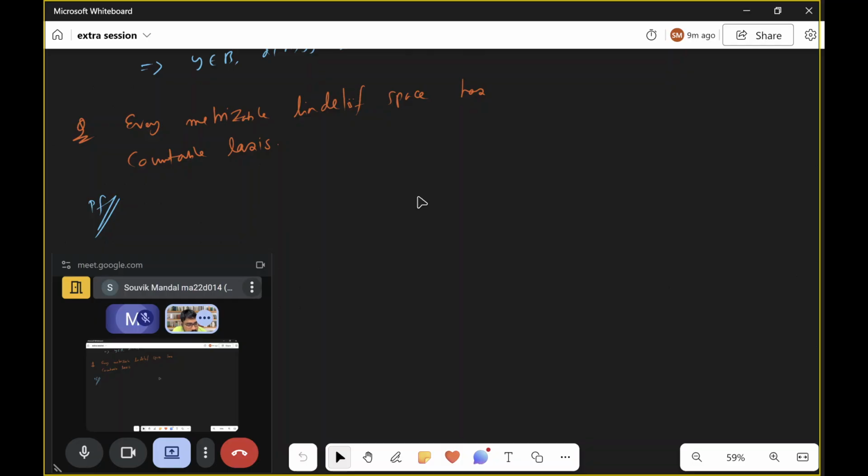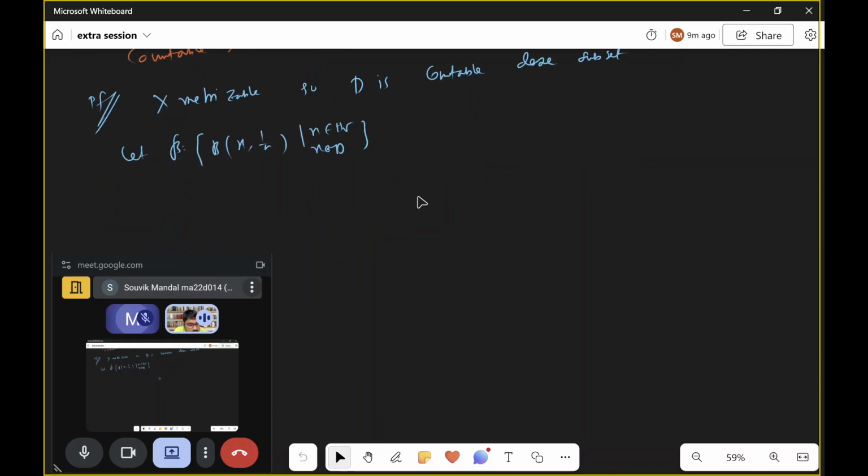See, X is a metrizable space, so let D be a countable dense subset. Now put beta equal to B(x, 1/n), n belongs to N, x belongs to D. And of course, it is easy to show that beta is a countable basis.